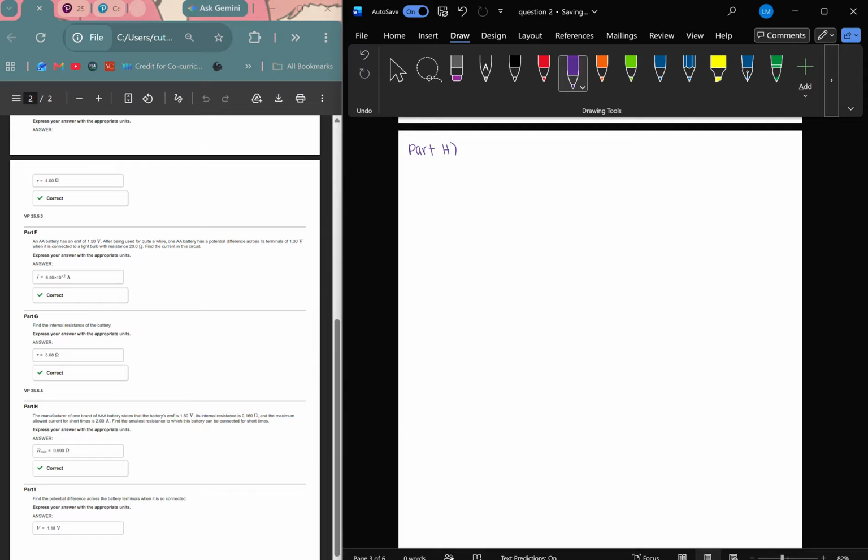Its internal resistance is 0.160 ohms, and the maximum allowed current for short times is 2.00 amperes. Find the smallest resistance to which this battery can be connected for short times.